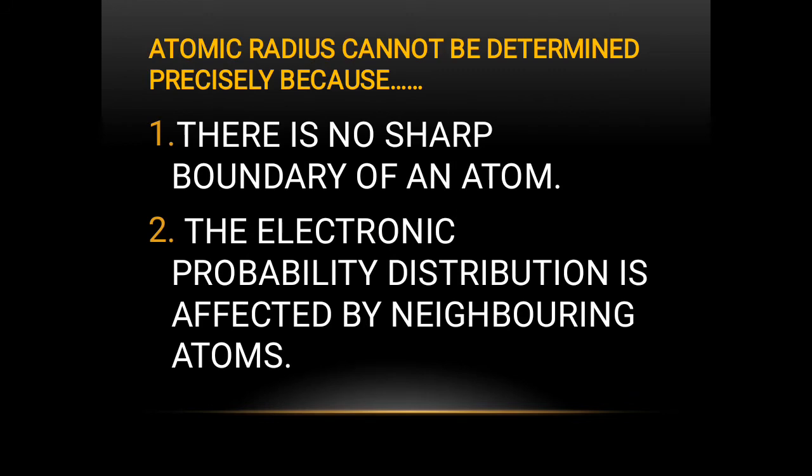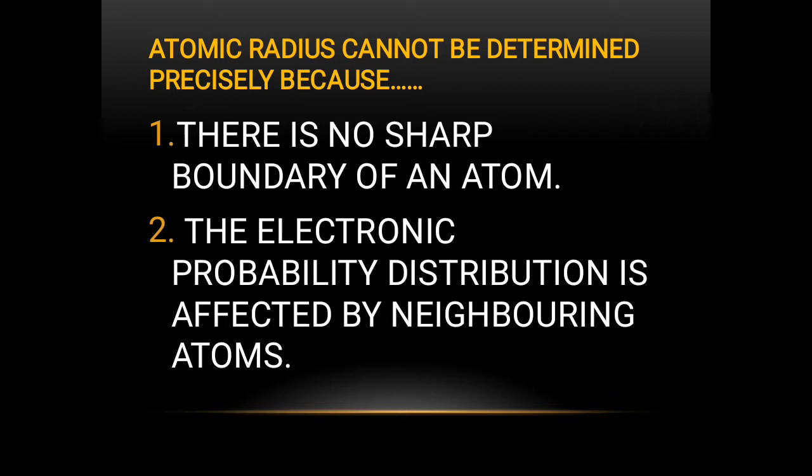Now, there is a problem: we cannot determine the exact and precise size or radius of the atom, because of two possible reasons. Reason number one, there is no sharp boundary of an atom, because the probability of finding an electron never becomes exactly zero, even at larger distances from the nucleus.